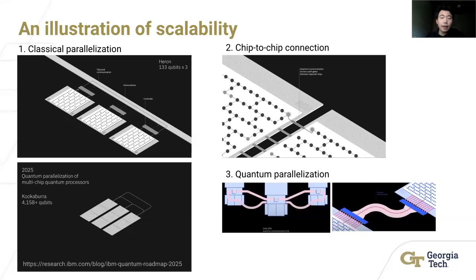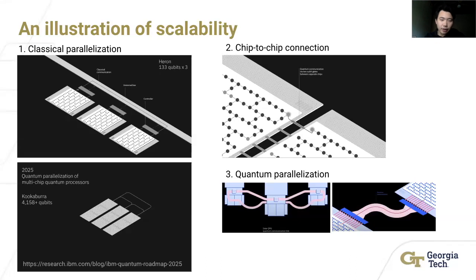The third is quantum parallelization, which means you have three quantum chips, each sitting in its own cryogenic stack, in its own dilution fridge, connected with a physical cable. People would expect this to give relatively low fidelity, but it's one way of scaling up. It's called quantum parallelization.